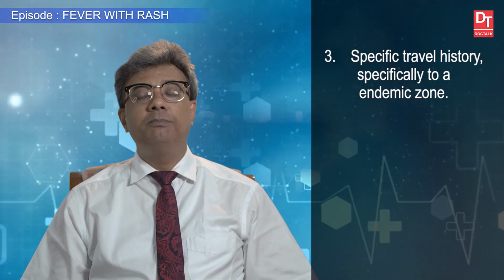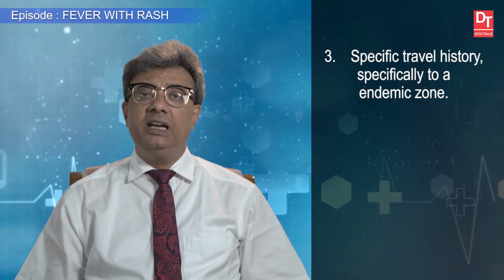Specific travel history, particularly travel to an endemic zone like where rickettsia is prevalent, where different viruses are predominant, that is very important. So, travel history is very important for history taking in a patient having fever with rash. Immunization status, what vaccines he has taken, that we have to take properly.